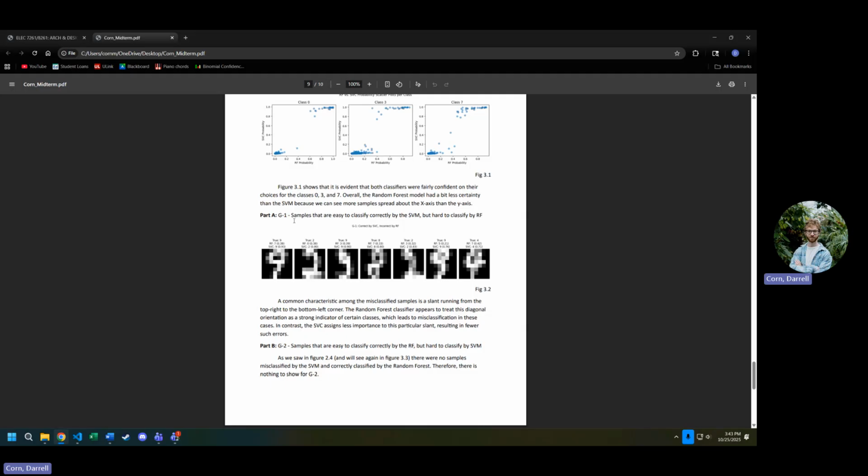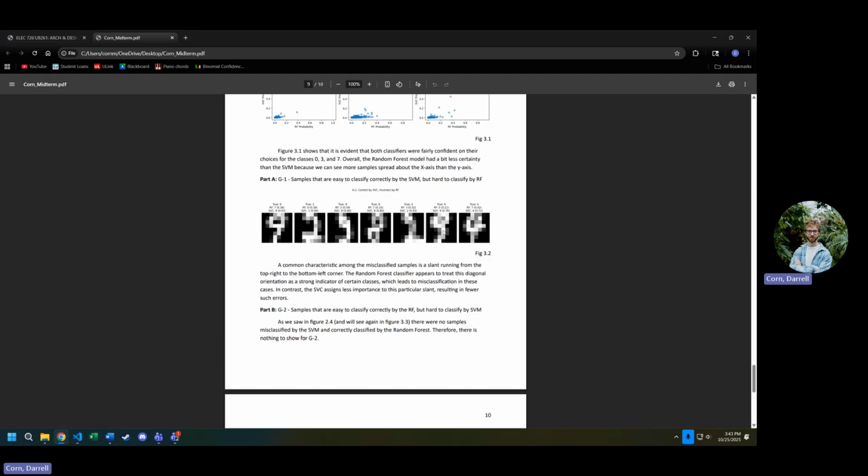Now, to dive into these individual groups for the classes and compare the confidences. Group 1 are samples that are easy to classify for the support vector machine, but harder for the random forest. So these are all ones where the random forest did not do particularly well, but the support vector machine got it. And a lot of these we saw earlier in the report.